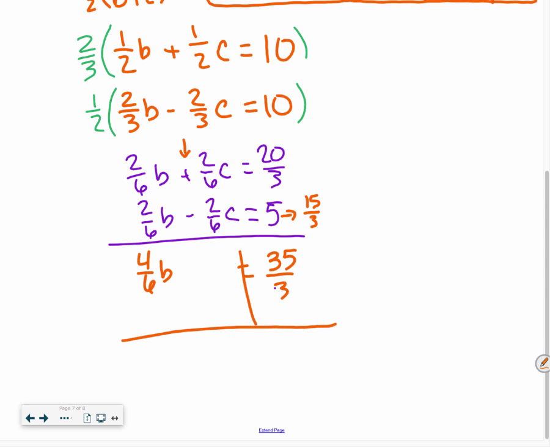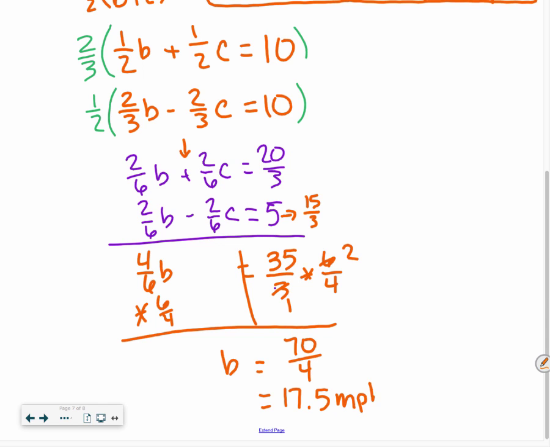And if I want to get b by itself, all I have to do is multiply by 6/4. Okay, so if I do that, I have 70/4 equals b, which 70 divided by 4 is about 17.5 miles per hour.